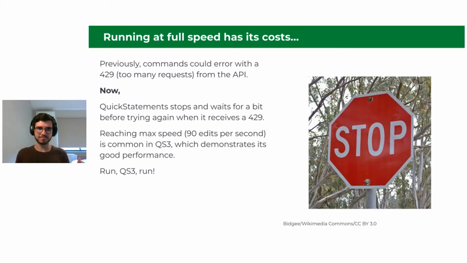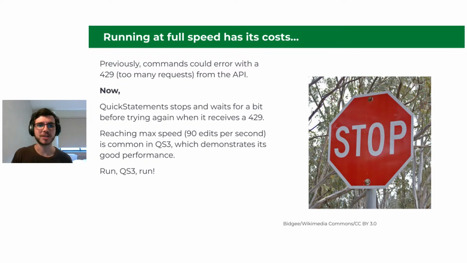So you can assume that your batches will be run at basically 90 edits per second. We are trying to almost constantly hit the max speed allowed by the API, and if a 429 happens under the hood, we will wait for a bit and then start the edits again.